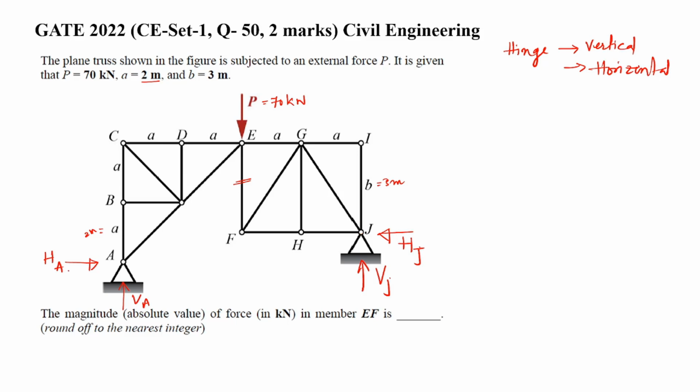That is the reason why I have given two different directions, so that HA plus HJ will be zero finally. Now here VA plus VJ should be equal to 70 because total sigma V is also 0. So by using these equilibrium equations, first we need to find out reactions at the supports. Then we can shift to the forces in the members.